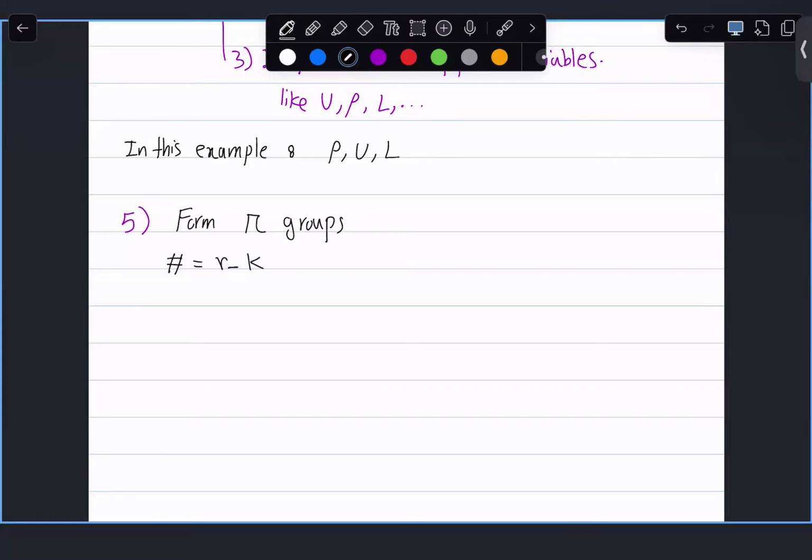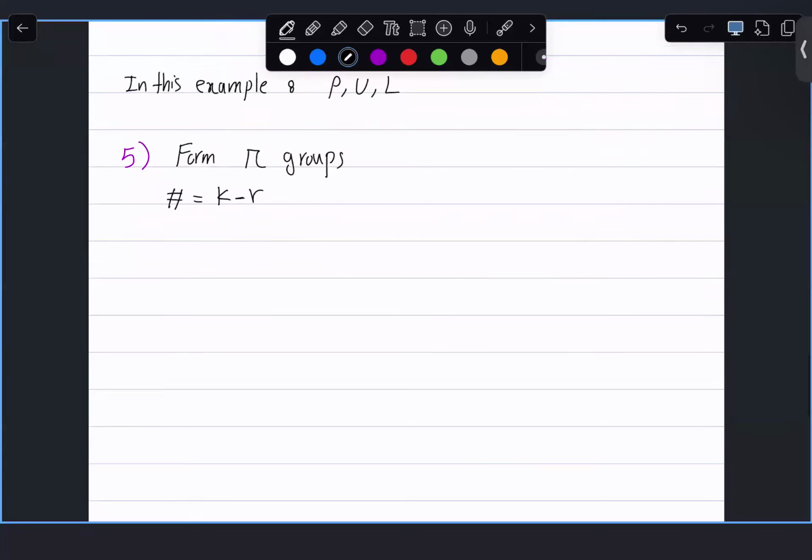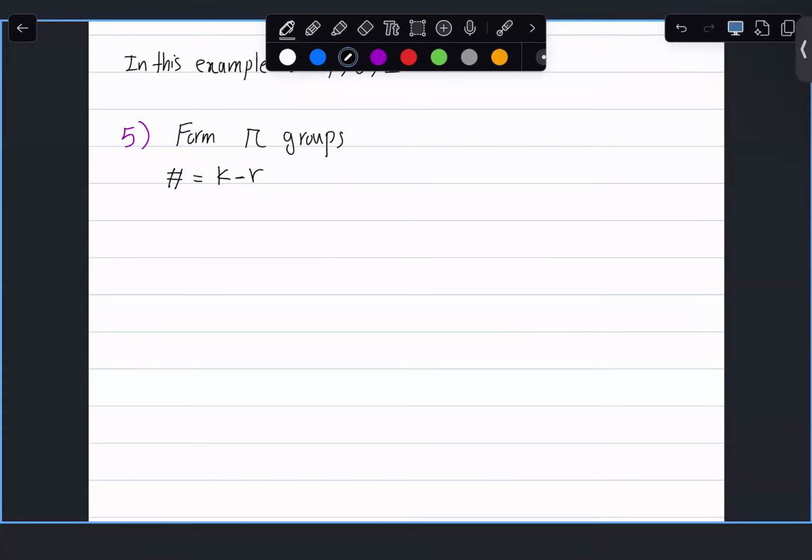Sorry, this is K minus R. K was 5, the total number of variables. R was 3, the fundamental dimensions. So how many groups did we get? 2, right?